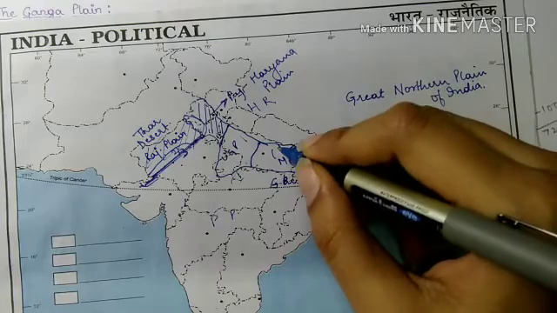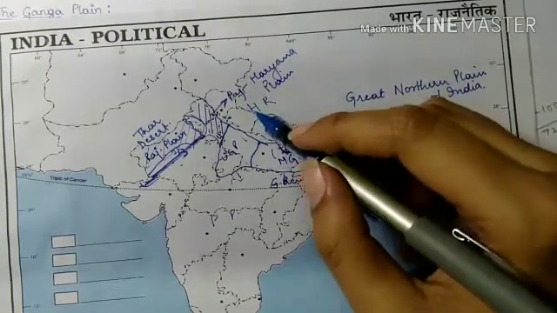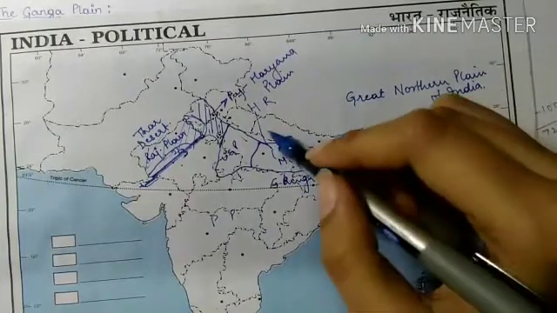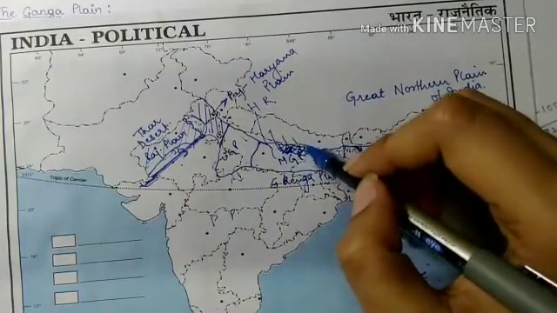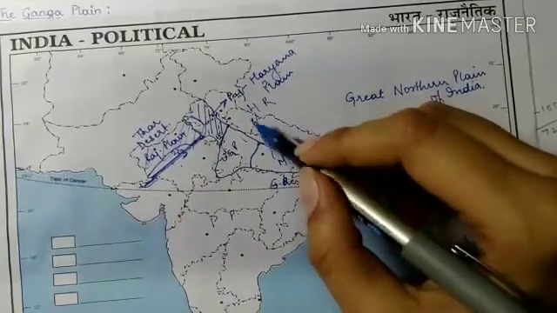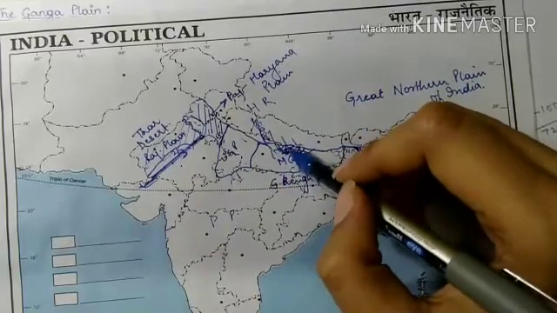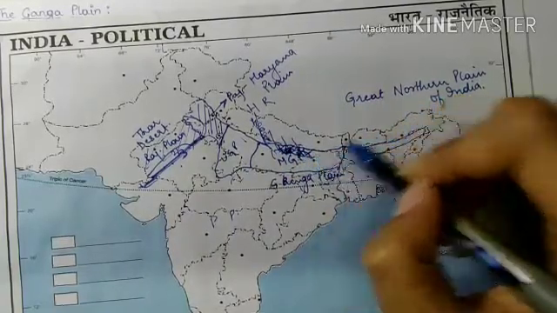It is also filled by the deposition of alluvium from the northern rivers, because northern rivers are in their youth stage, so they cut down huge amounts of rocks and deposit them in this depression.